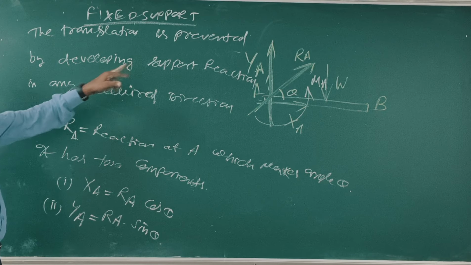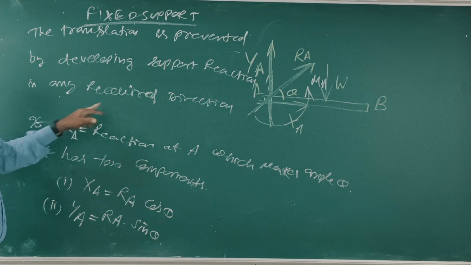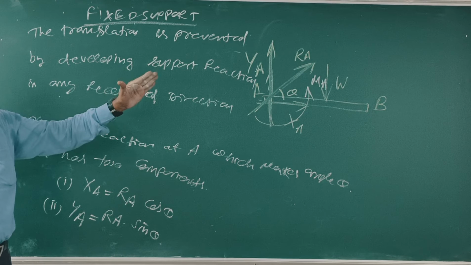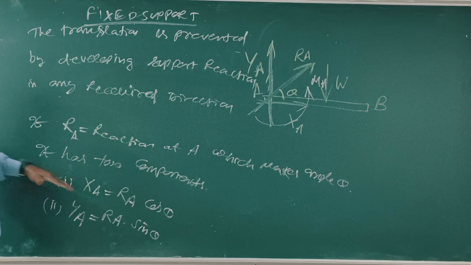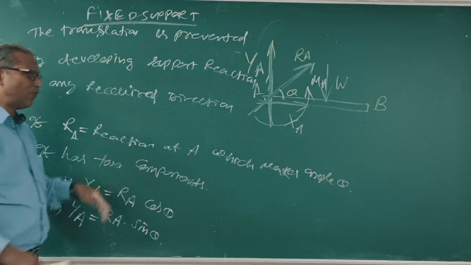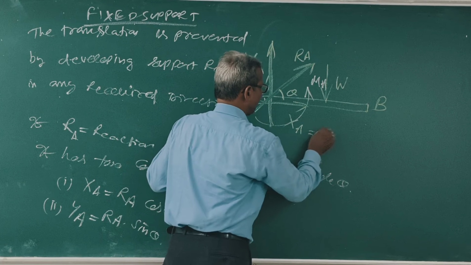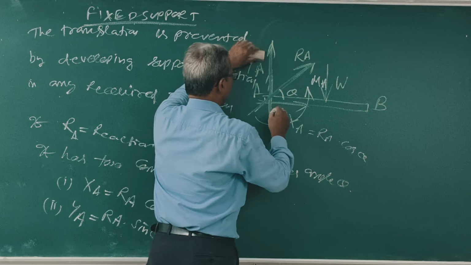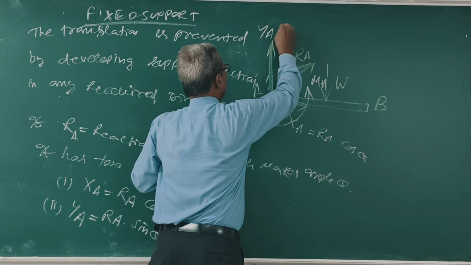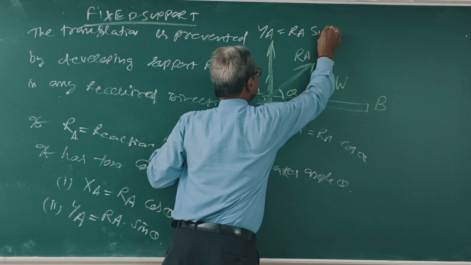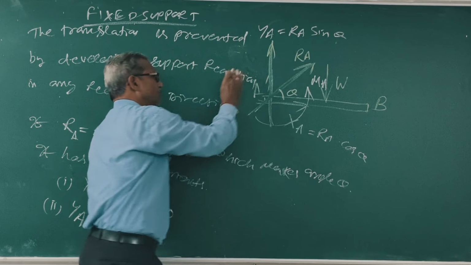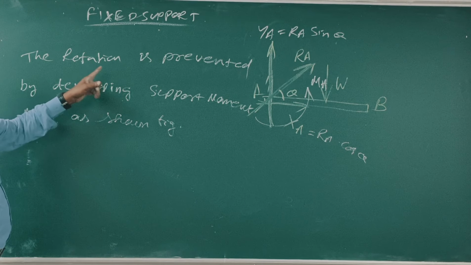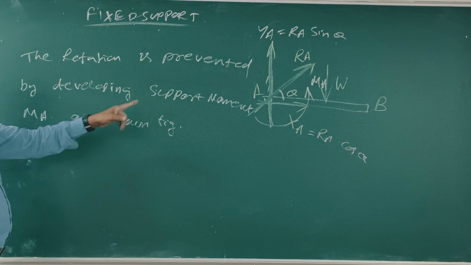The translation is prevented by developing support reaction in any required direction. Suppose RA is your reaction at A. It has two components. Number 1, XA, which is RA cos theta. Number 2, YA, which is RA sin theta. Clear?